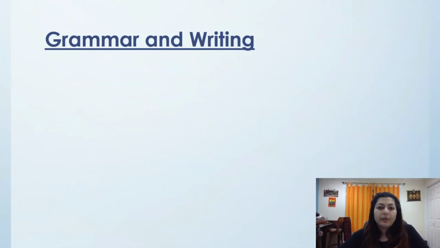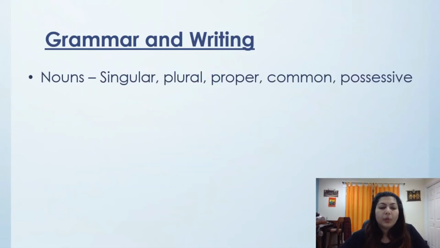So for grammar and writing, we have nouns. For nouns we are doing singular, plural, proper, common, and possessive. Singular noun is basically any noun without an S. Plural is basically any noun with an S or ES, or like singular noun is man, plural noun is men.